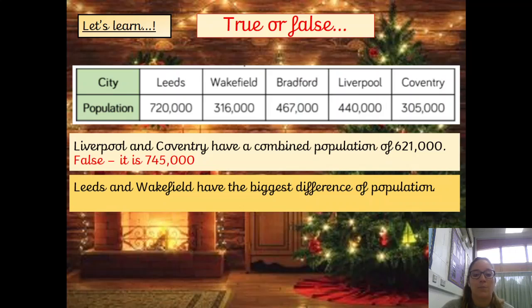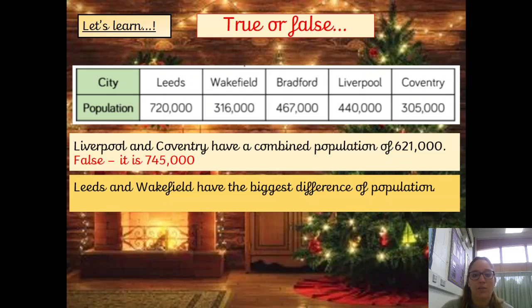How about this one? Leeds and Wakefield have the biggest difference of population. This time we need to find the difference. It says here have the biggest difference. So how could you find the biggest difference? Leeds is definitely the biggest on there, at 720,000 population.